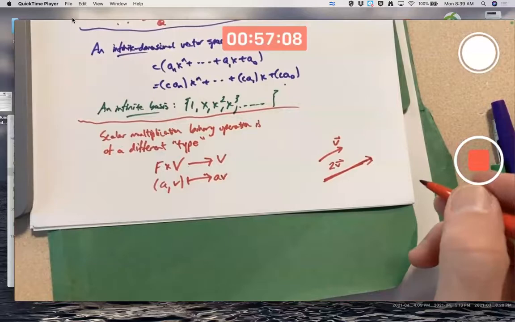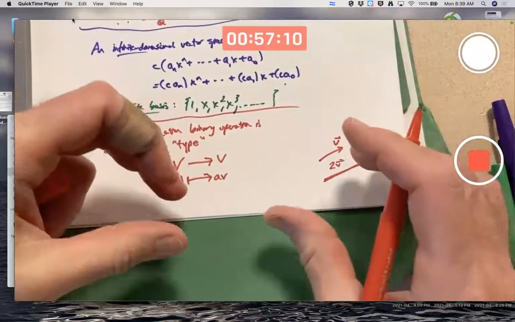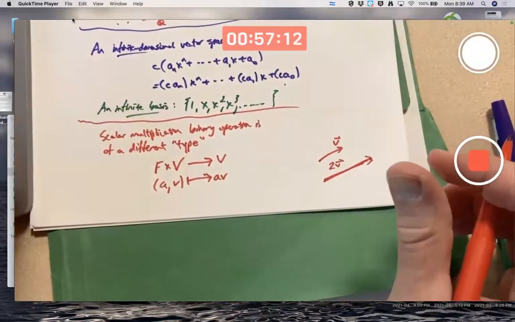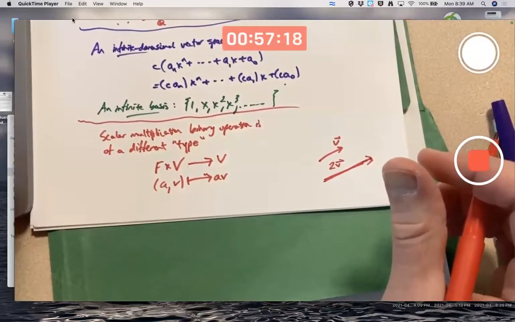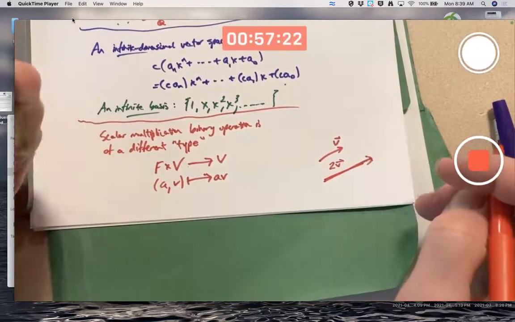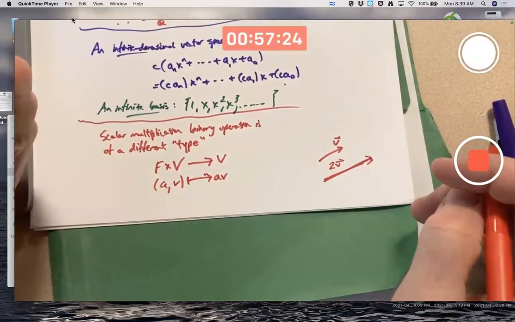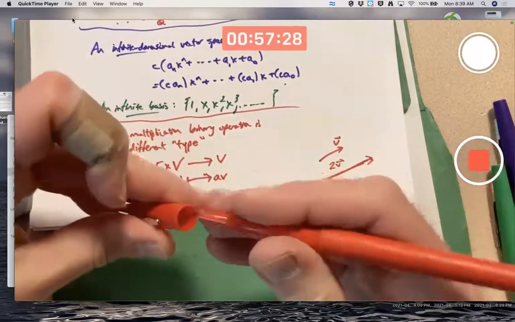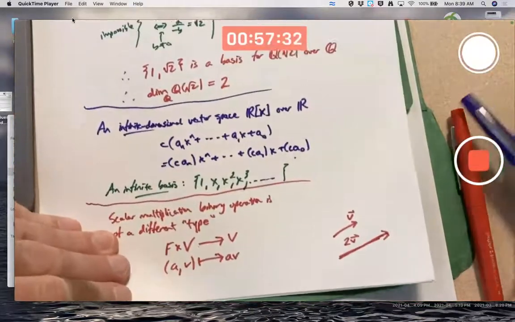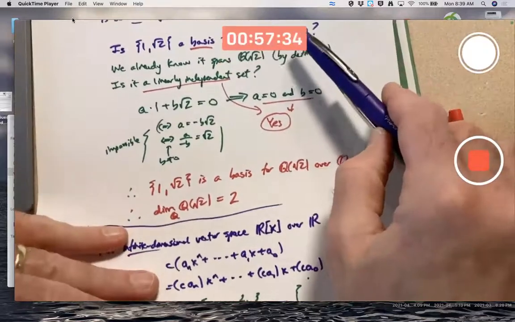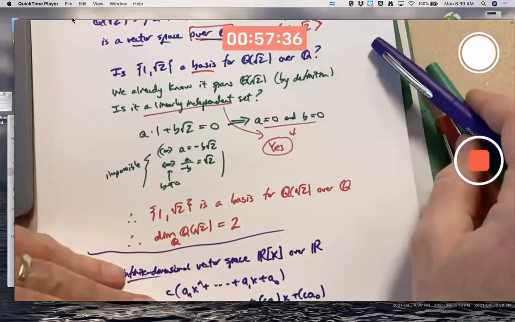That's the origin of the word scalar: scalars rescale vectors. But as in your linear algebra book, when we're talking vectors, the theory of vector spaces, we're not necessarily imagining vectors as being arrows. The dimension of the vector space, by the way, does depend on what the field is.